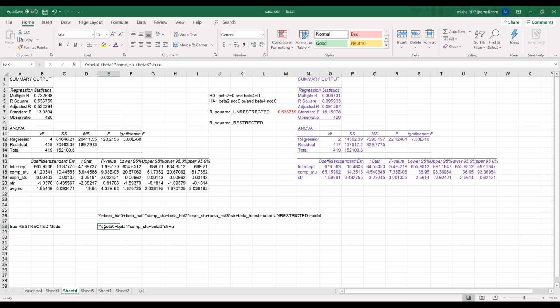Do you see what I mean? Yes. Therefore, what will be R squared restricted? 0.095. This one, right? That will be the R squared restricted.